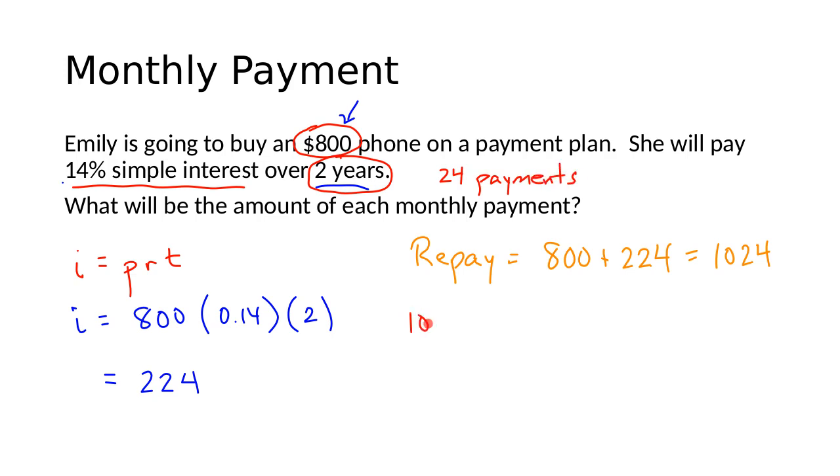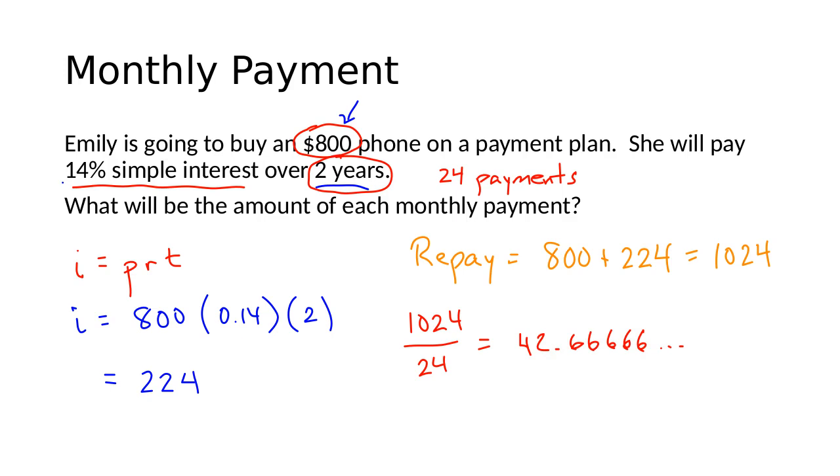So if she's got to pay back $1,024 and she has 24 payments that she's going to do that through, then we'll just divide 1,024 divided by 24 and find out that each payment is going to be $42.666 repeating.